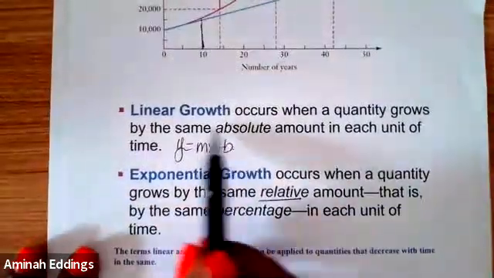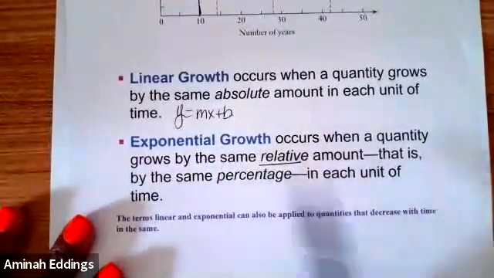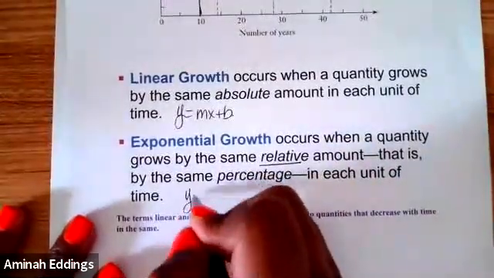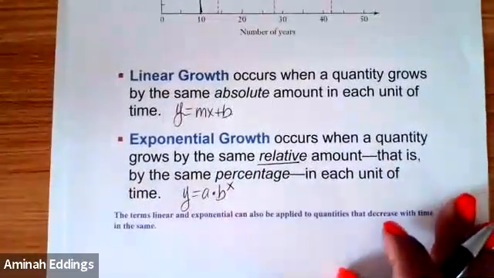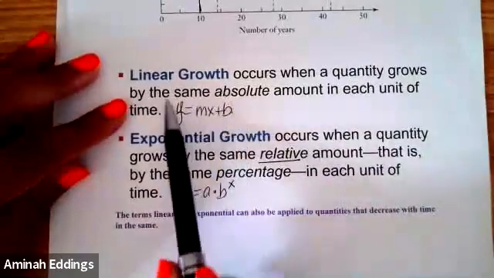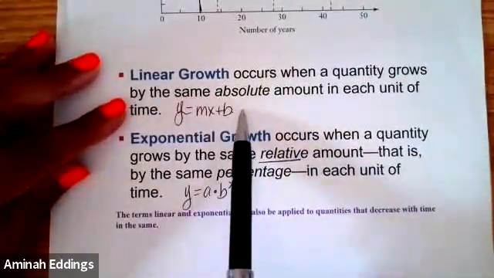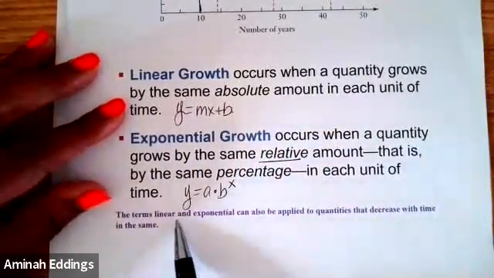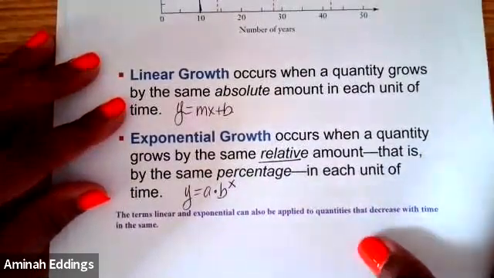And support students, we talked about this a little bit yesterday. Your form for exponential growth is going to be y is equal to a times b to the x power. So if it's linear growth, when we write it out in terms of an equation, in terms of its function, it's going to look like this. And if it's exponential growth, it will be in this form, okay?